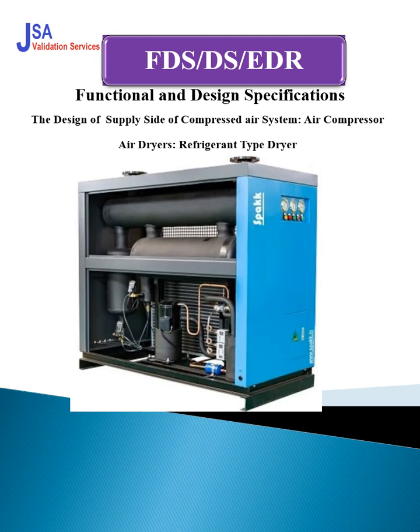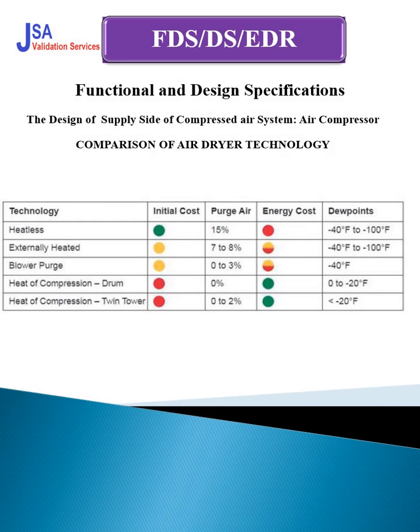So each and every one has its limitations and advantages. The heatless air dryer's initial cost is low, but it will use purge air. Purge air means air used for regeneration. So energy cost will be high, and a dew point of -40 Fahrenheit to -100 Fahrenheit, meaning -40 degrees to -70 degrees Celsius, is possible with this heatless air dryer. Extreme heat means above 300 degrees Celsius.